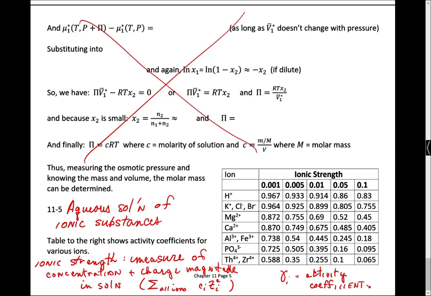And this is just a table filled with ionic strengths or activity coefficients. And one of the things that we see is that even at relatively low concentrations, I see significant deviation from 1. Okay? And so what that tells us is that if we're dealing with aqueous solutions of ionic substances, they behave non-ideally, and you have to use activity in doing your calculations, right?